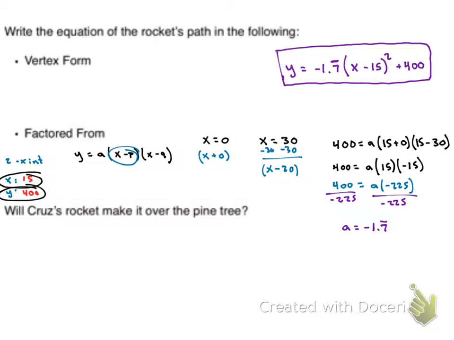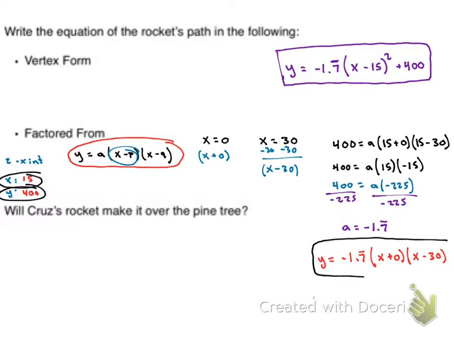So now when we rewrite this in factored form, we'll have y equals negative 1.7 repeating times x plus 0, and then x minus 30. And there is our equation.